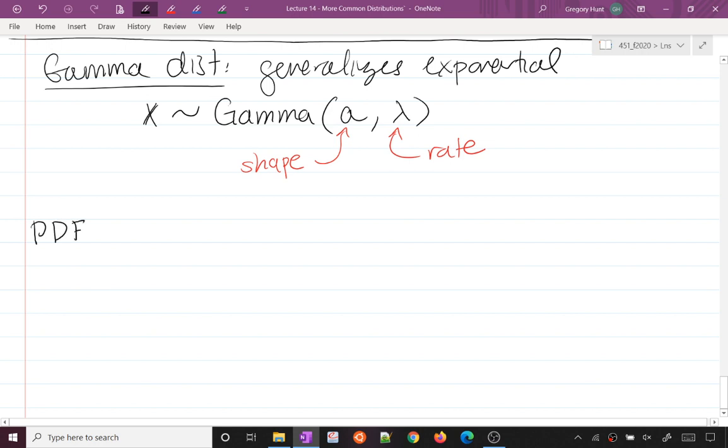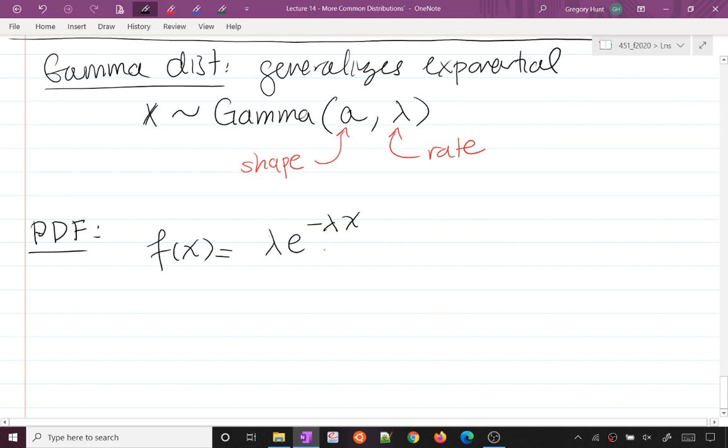What we mean when we say X has a gamma distribution, definitionally, is that the PDF has the following form. It's lambda e to the negative lambda x. Now, if I had stopped there, that is pretty much an exponential distribution.